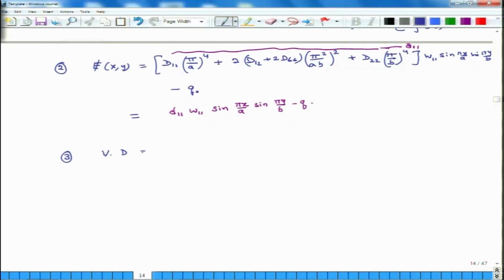The virtual displacement we call W1(x, y), and this function has a small parameter epsilon and an amplitude W111. The last one implies that it is a virtual thing, and we will use a special Galerkin method. So, sin(pi x over a) sin(pi y over b).